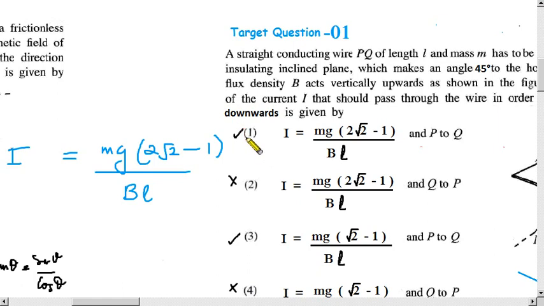Now the magnitude is also correct: 2 times root 2 minus 1 divided by BL, times mg. So this one is the answer. Finally, the first one is the answer for this question.